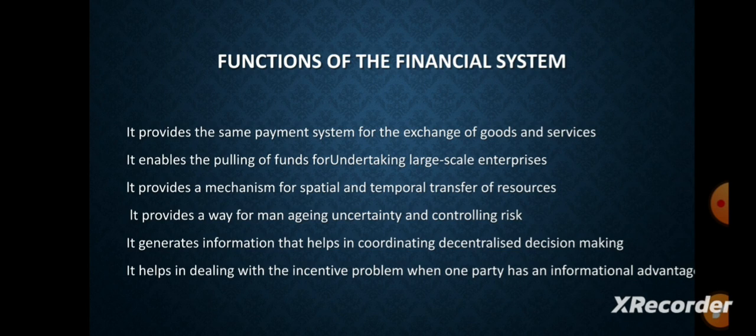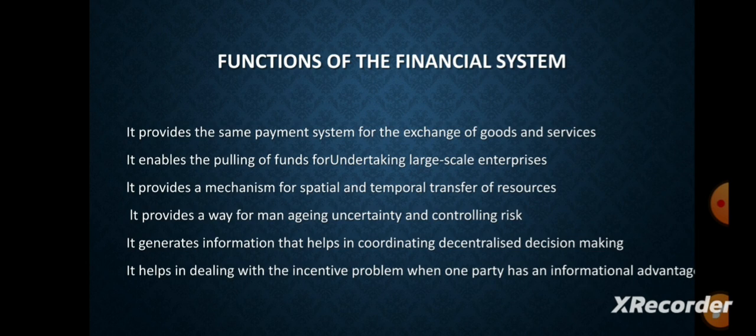The financial system performs interrelated functions that are essential to a modern economy. It provides a payment system for the exchange of goods and services. It enables the pooling of funds for undertaking large-scale enterprises. It provides a mechanism for capital and temporal transfer of resources.